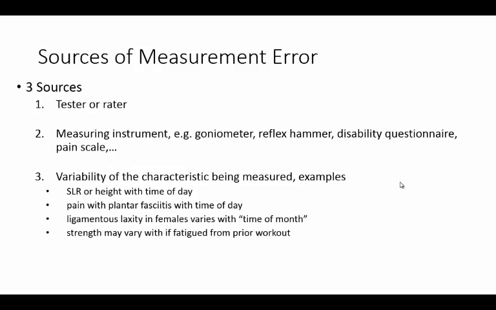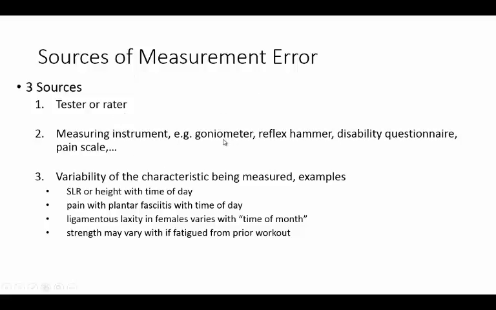The source of the error could be the person himself, the person who is doing the test. So it is the tester or the rater. So the person himself is not doing the test correctly. Sometimes it's not the person, it is the instrument that the person is using.